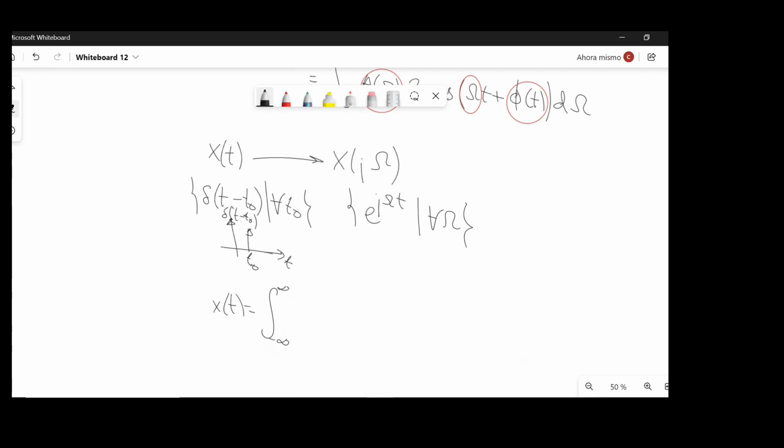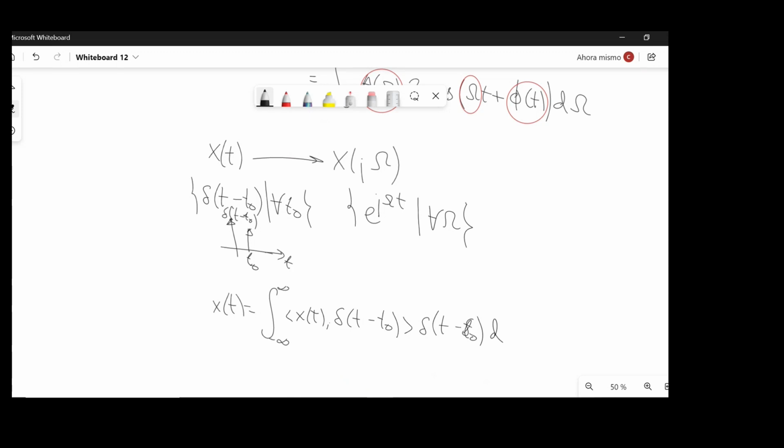So it should be the inner product between x of t and my function delta of t minus t naught, and I should integrate over what? Over time, over t naught, over anything else?